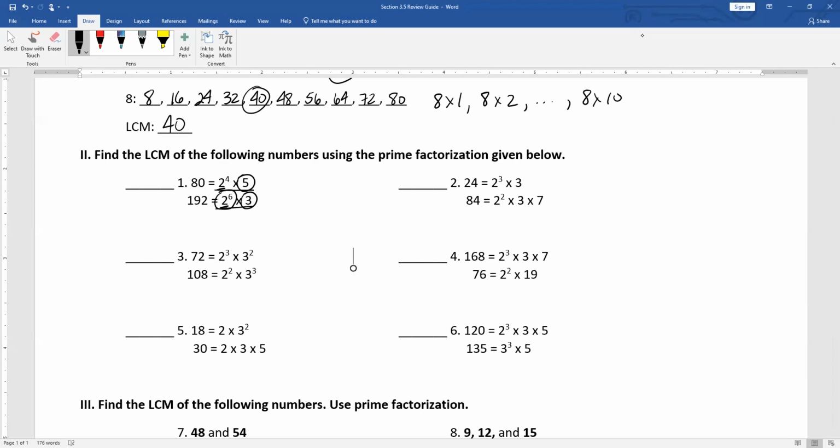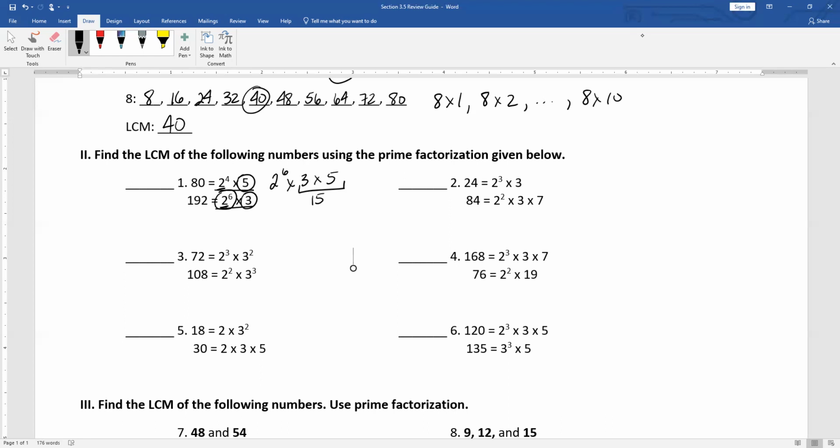So our least common multiple is 2 to the power of 6 times 3 times 5. You know that 3 times 5 is 15, and 2 to the power of 6, I think, is 64. Actually, 2 times 2 is 4, times 2 is 8, times 2 is 16, times 2 is 32, times 2 is 64. Let me pull up my calculator here.